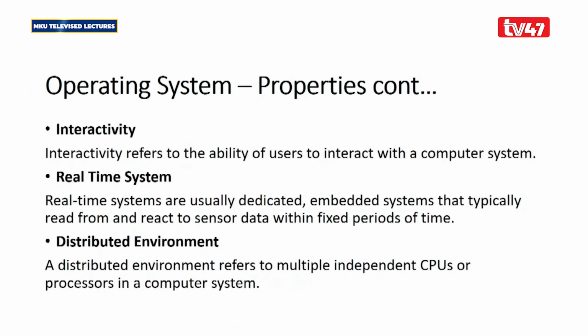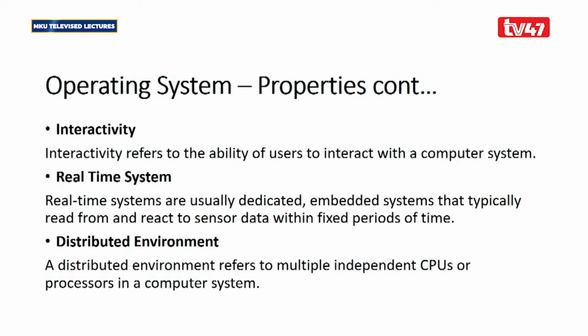Another term is interactivity. Interactivity here refers to the ability of users to interact with a computer system. Now, the OS provides us with interactivity, things like the command line interface and graphical user interface. It provides us with some form of interactivity whereby you communicate with the OS in a way that you're able to pass the instructions that you require.